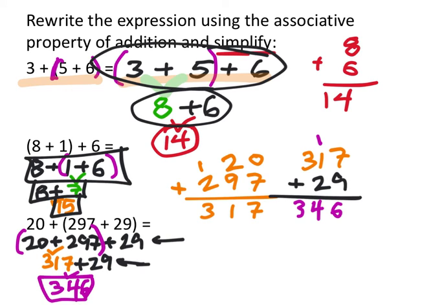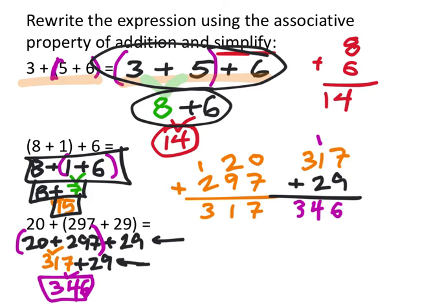As we see bigger problems, you may not see any parentheses whatsoever, but the associative property tells us that if you want to start grouping things in the middle, you can. And you could say, well, that's related to the commutative property. You can move all the numbers you want to start with as far left as you want, because generally we start as far to the left as we can go, and then we operate left to right, which is going to be the case once we get into more order of operations kind of stuff.